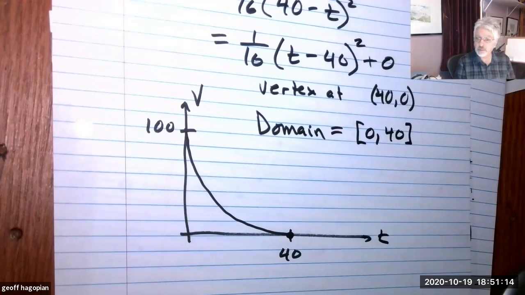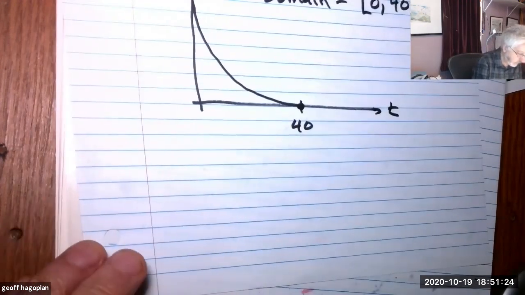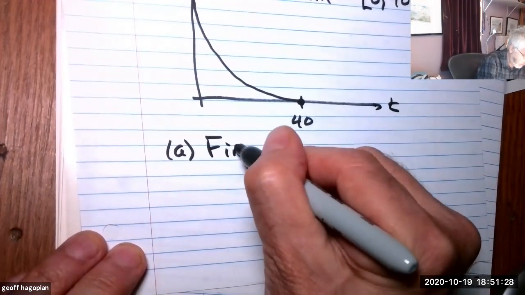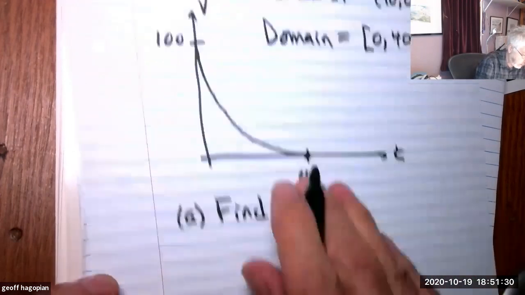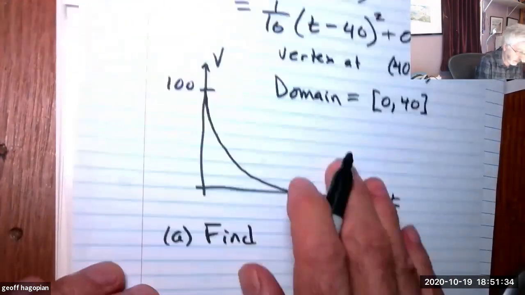And what's their question? Find the inverse, and what does it represent? So part A is: we called the function f of t, V equals f of t.